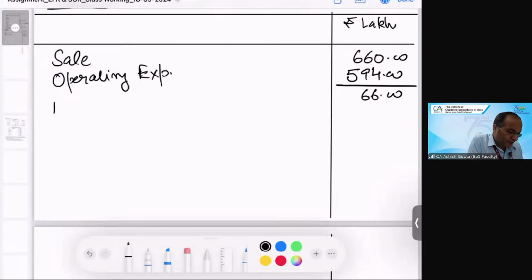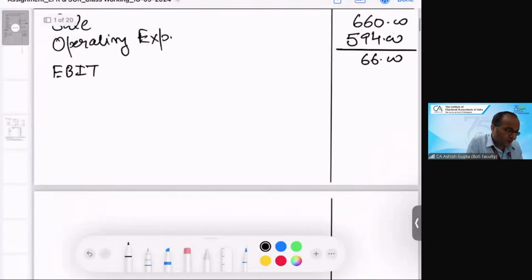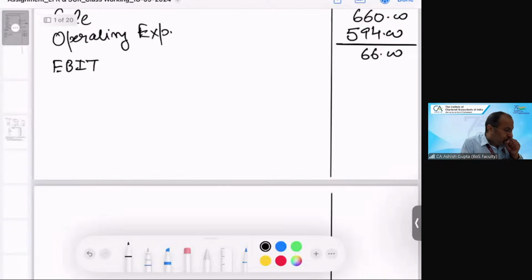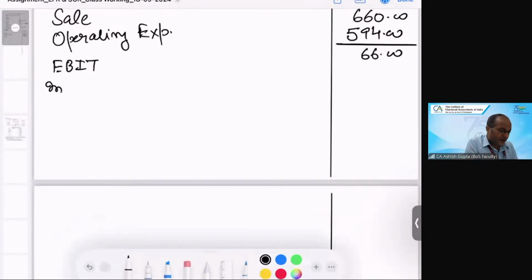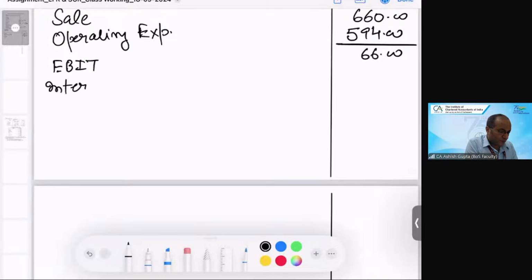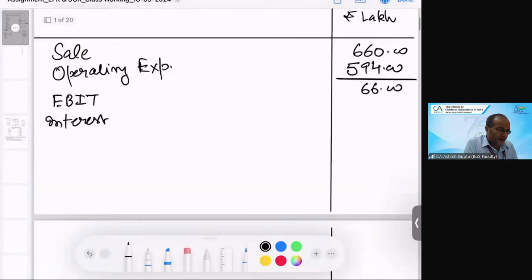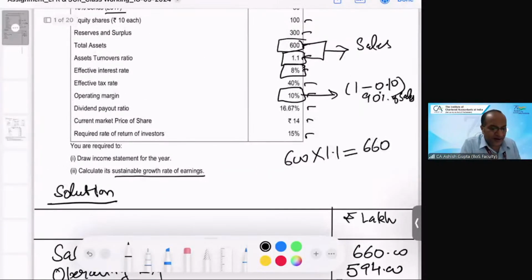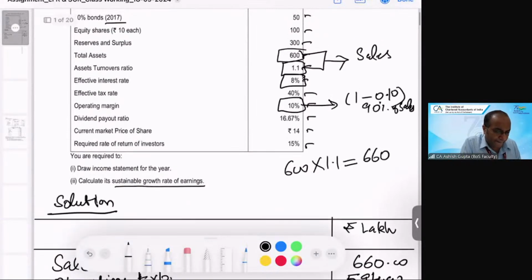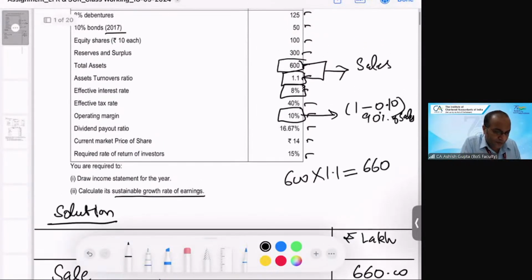Okay, students. Till now, I think it is clear to you. Now, next we come to the figure of interest rate. Here the effective interest rate is 8%.